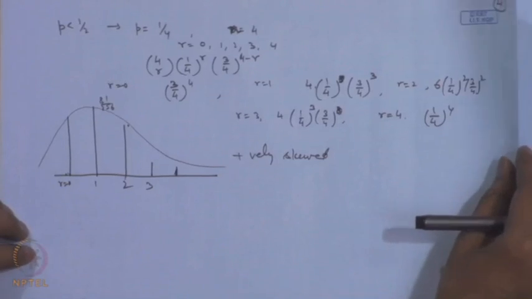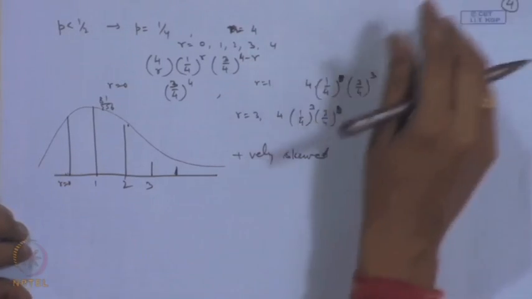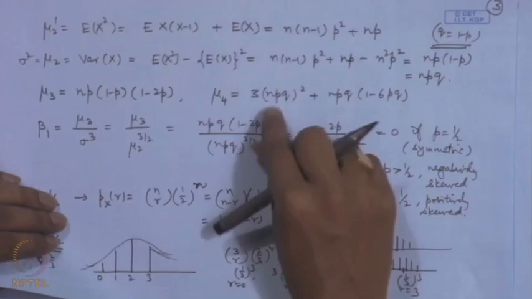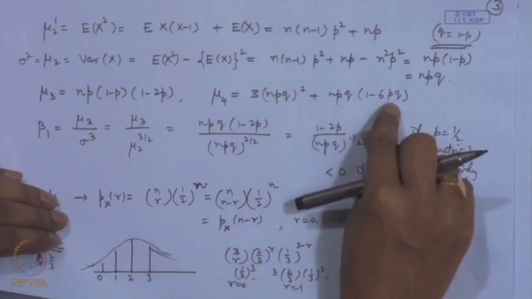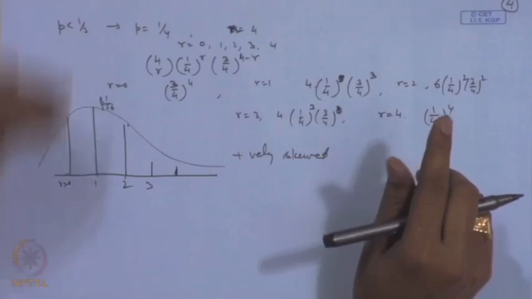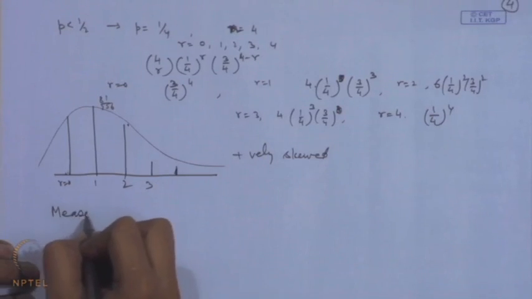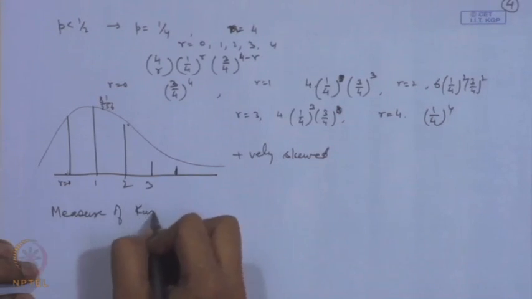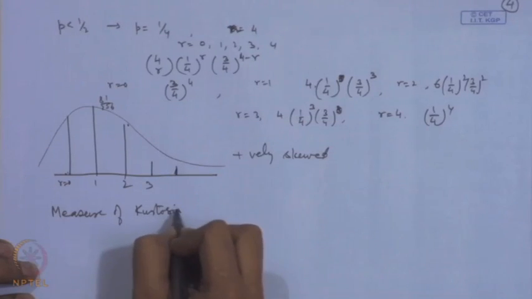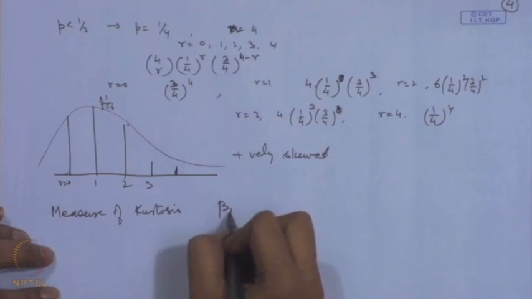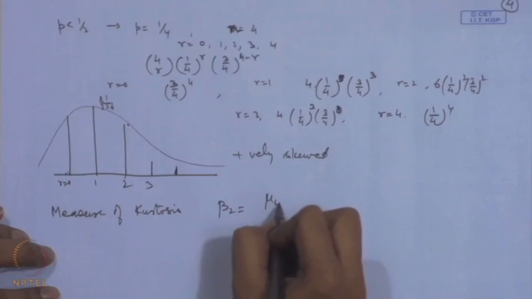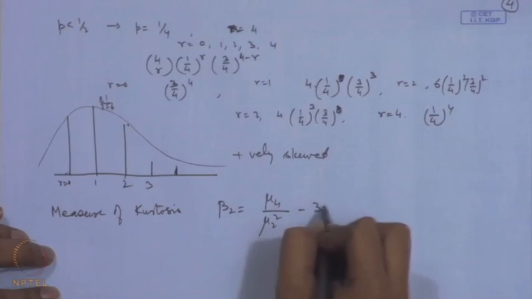We also look at mu 4 here. Mu 4 is equal to 3 n p q square plus n p q into 1 minus 6 p q. This gives us the measure of kurtosis, that is beta 2, that is equal to mu 4 by mu 2 square minus 3.